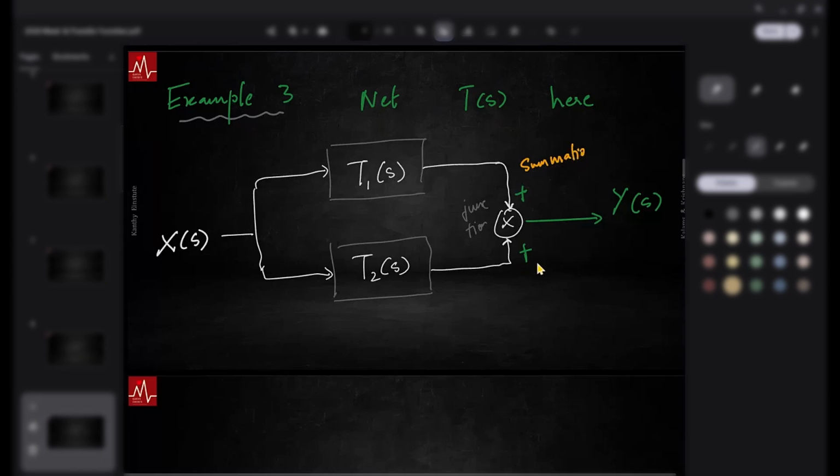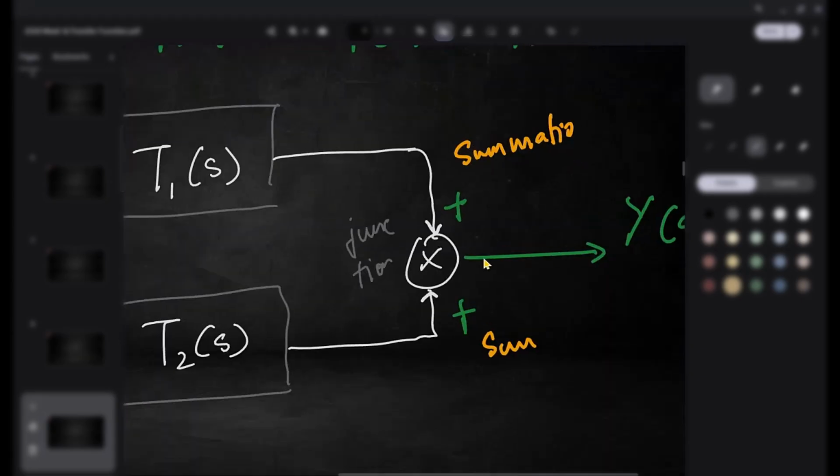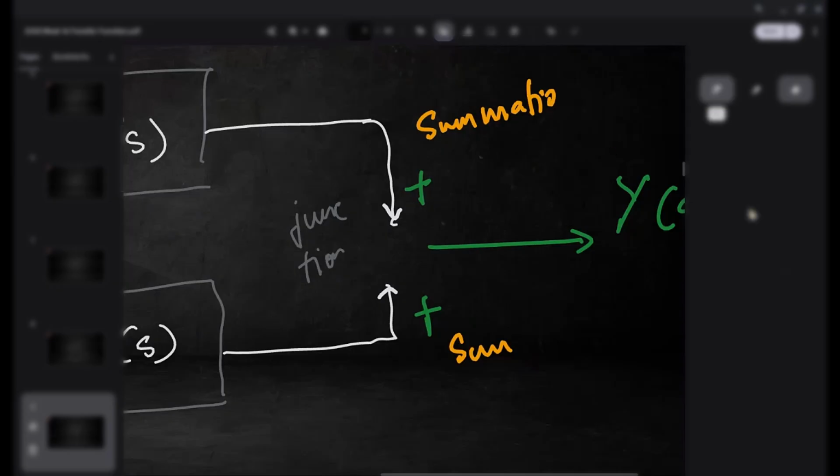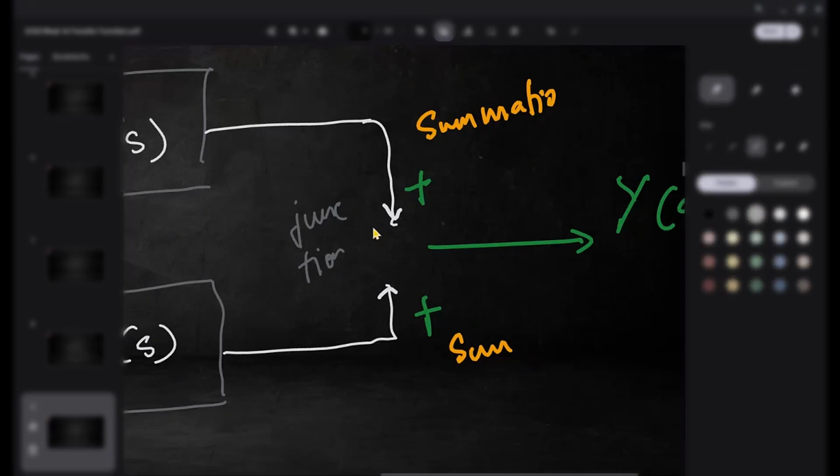This is a junction, and the operation is denoted near the incoming arrow. This junction itself is not that important. This incoming arrow is added, this incoming arrow is added. This is summation.